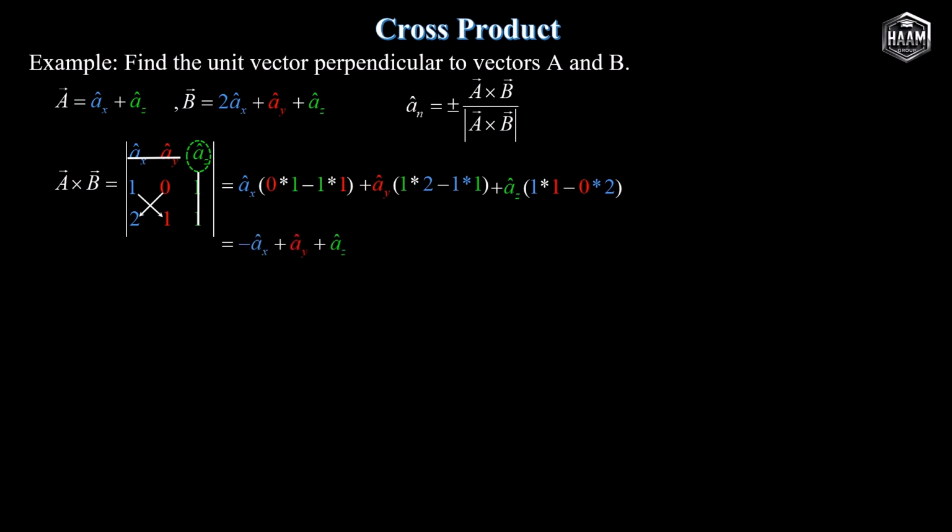Simplifying the result, a cross b equals negative a hat sub x plus a hat sub y plus a hat sub z.